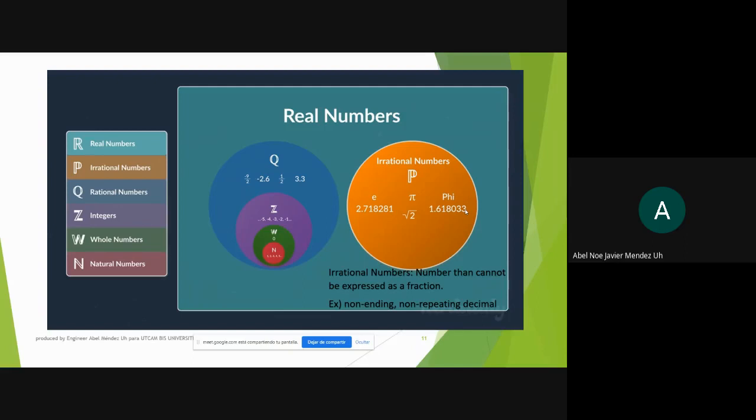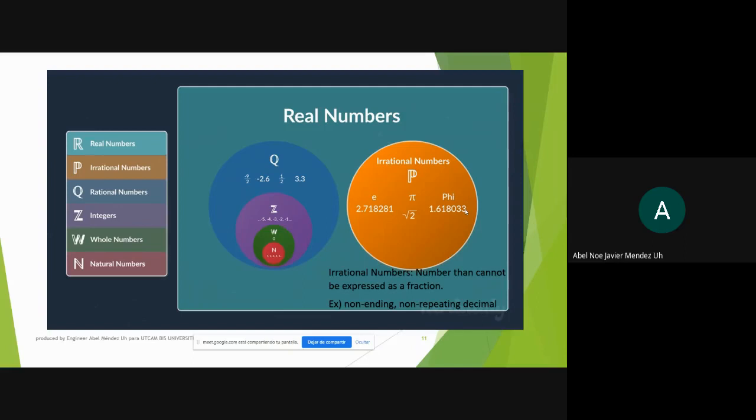Non-repeating decimal. If I tell you 3.33333 and so on, that is a rational number. It's not irrational, okay? Why? Because the decimals are repeating, 33333.